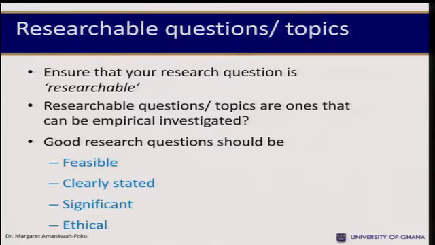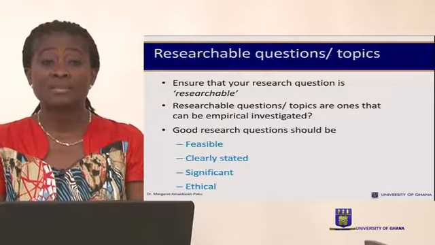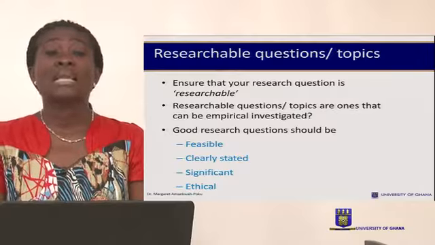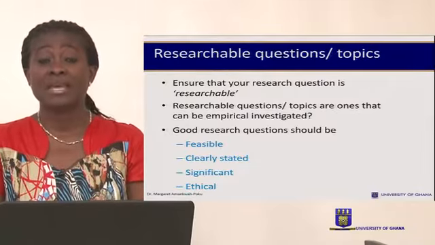Researchable topics are those that can be investigated empirically. So a good research question should be feasible. It should be clearly stated. It should be significant, and it should be ethical.